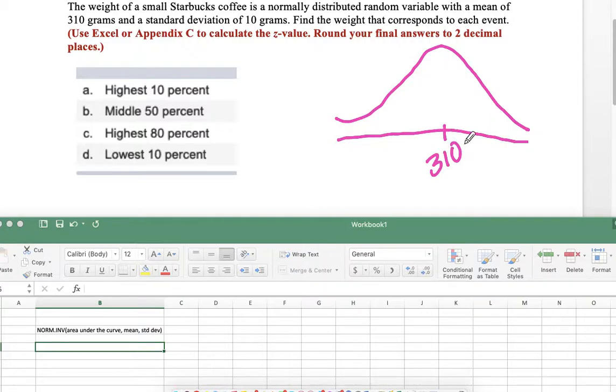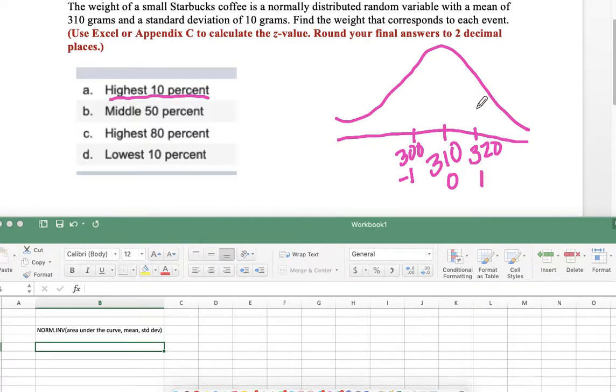If we go up 1 standard deviation away from the mean, we take 310 and add 10 grams, so this is 0, and this is 1, which would be 320. If we went down, we'd go -1 standard deviation, taking 310 and subtracting 10, which is 300.